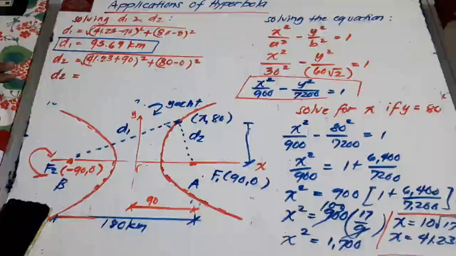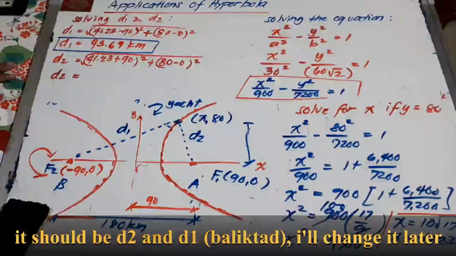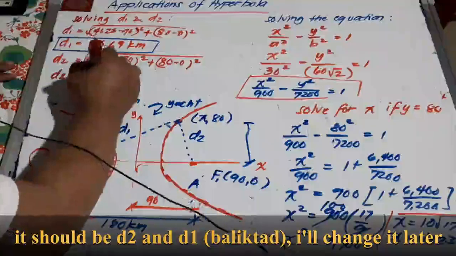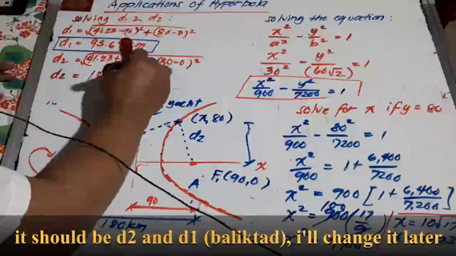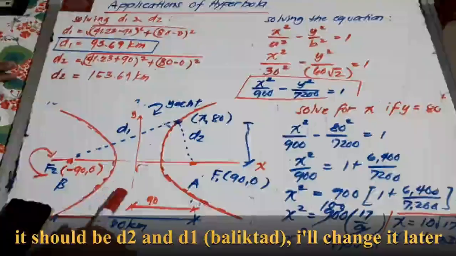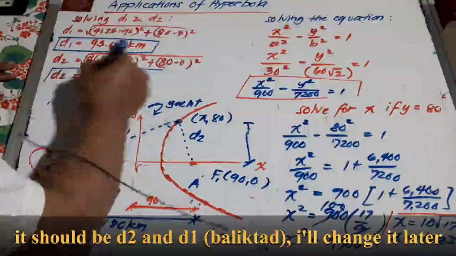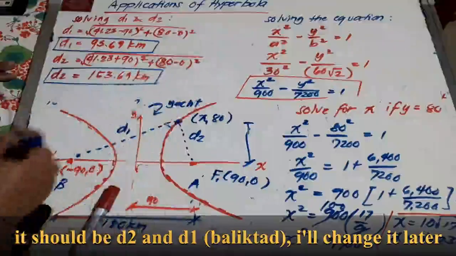So D2 equals 153.69 kilometers. Okay. So yun nasagot natin.